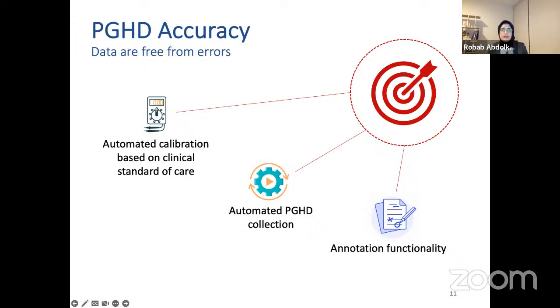The first thing was about device calibration. Some wearables needed one-off calibration before starting, but can we really ensure they work correctly in the entire data collection period? Some others required calibration a couple of times a day throughout the data collection. But even for those devices, I found that the advice on how often and when exactly to calibrate isn't based on clinical standards of care.